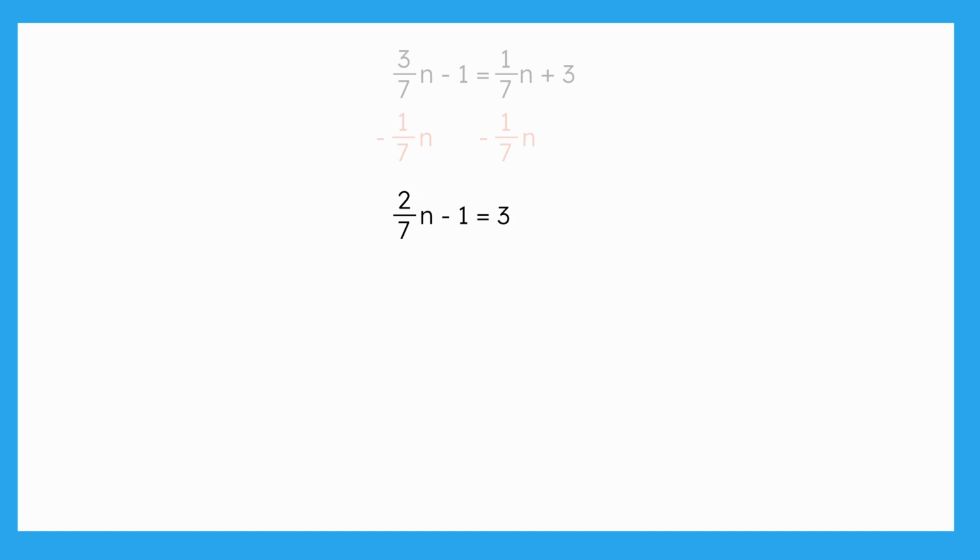Next, I added 1 to both sides to get 2/7 n equals 4. To isolate n, I need to divide both sides by 2/7. But really that means I need to multiply by its reciprocal, 7 over 2. This left me with n equals 4 over 1 times 7 over 2, or 28 over 2, which simplifies to 14.